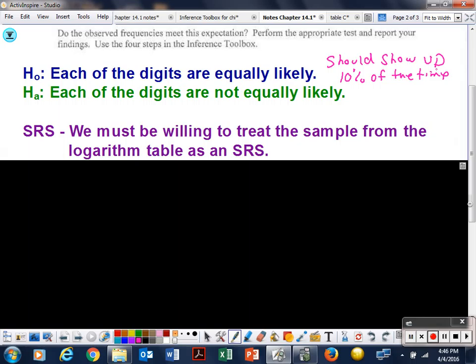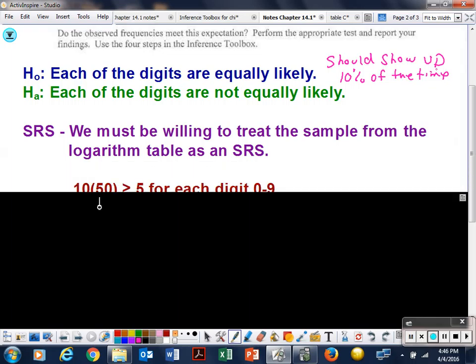Now, what are the expected counts? Think about this. We have 50 digits. Each digit should show up 10% of the time. That's what we expect. 50 digits, each digit shows up 10% of the time.